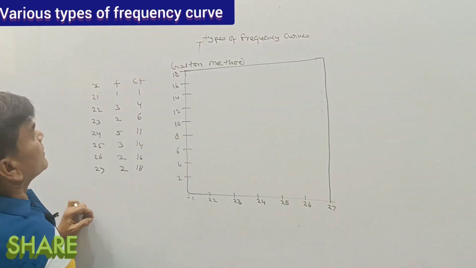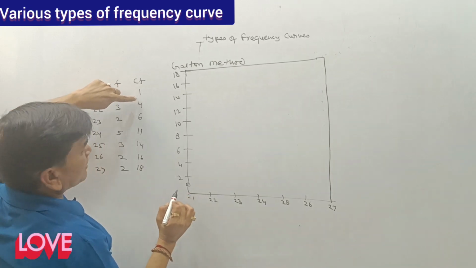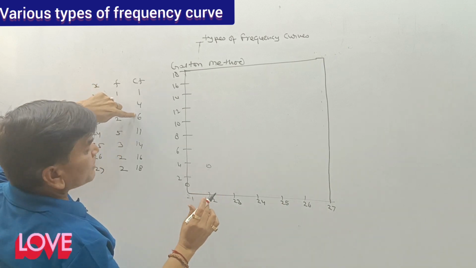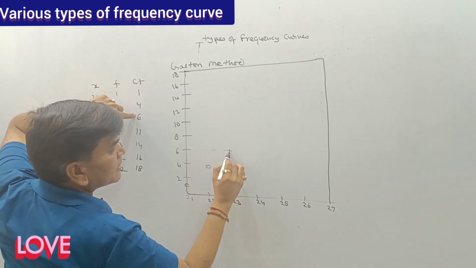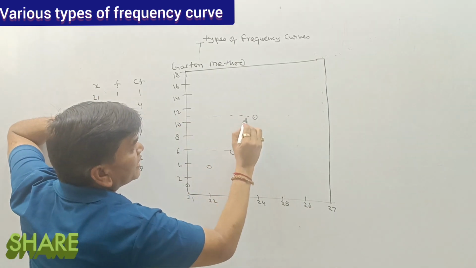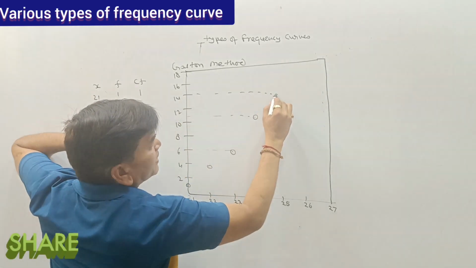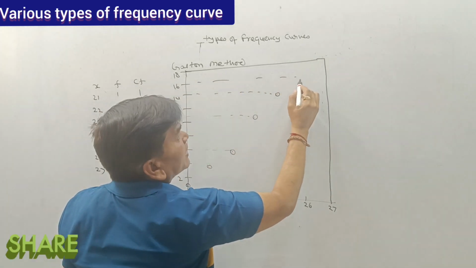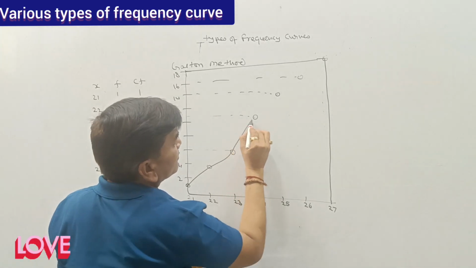At 21 the cumulative frequency is 1, then 4, then 6, then 11 at 24, then 14 at 25, then 16 at 26, and the last. So this is our ogive curve.